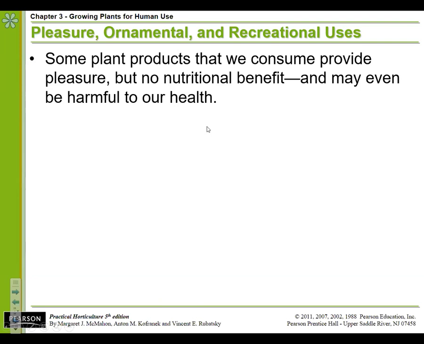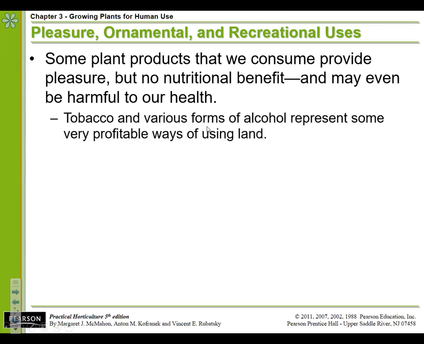talking about the other aspects of plant products. So we tend to use plants for food, for fiber, for fuel, but we also use them just for pleasure and recreational use. And in some cases, we're not getting any benefits other than maybe some psychological benefits.